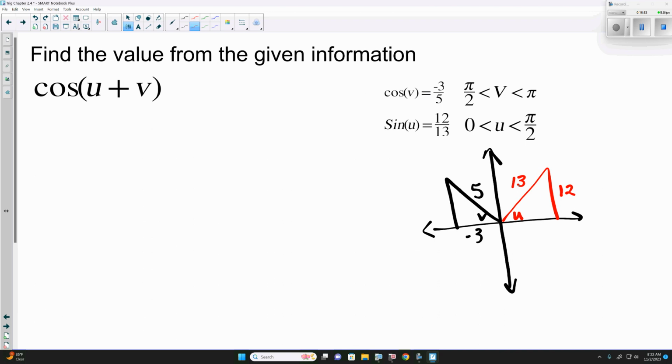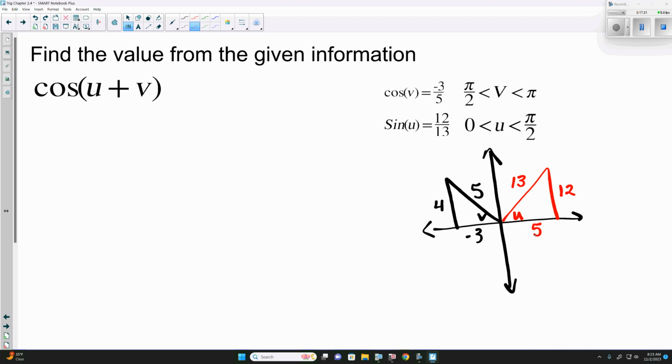Now, luckily for us, with v, the other side is 4. 3, 4, 5 right triangle. Since we're in the positive y-axis, it's positive 4. With u, two sides of our right triangle are 12 and 13. 13 is the hypotenuse. And we've just solved for the other side once today.